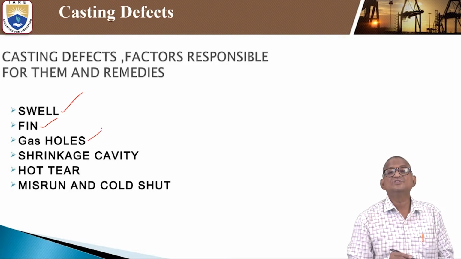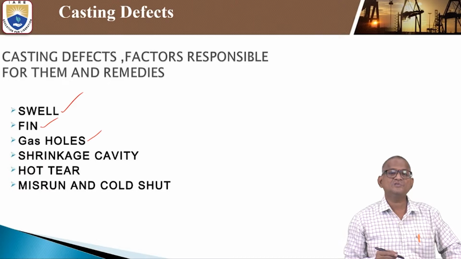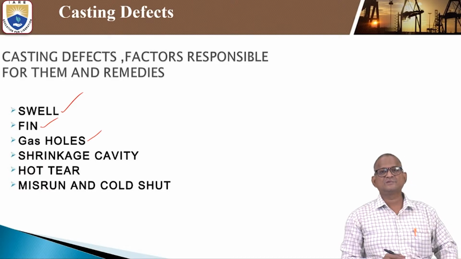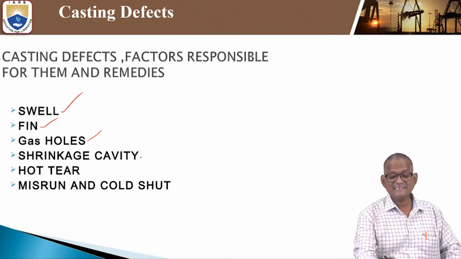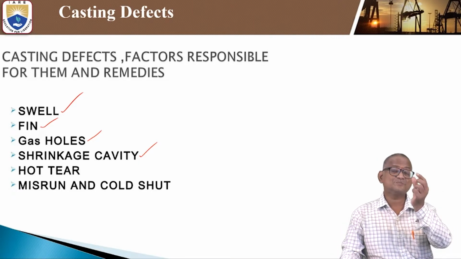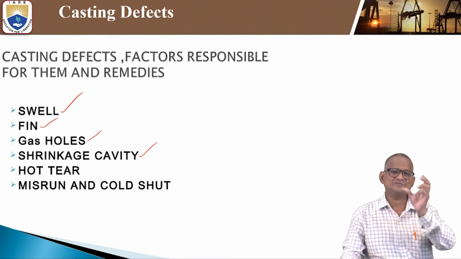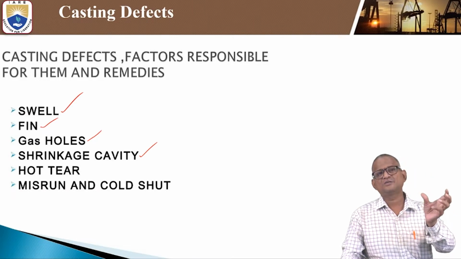Gas holes: some gas holes form inside because of some causes. And shrinkage cavity. In general all metals will shrink except bismuth, which is why we provide some shrinkage allowance while making a good pattern.